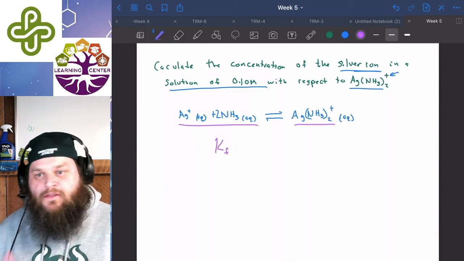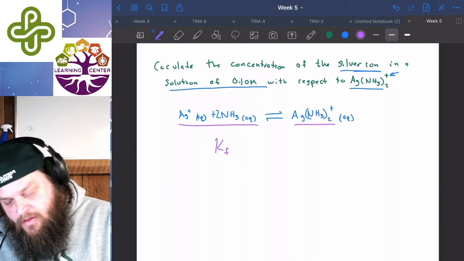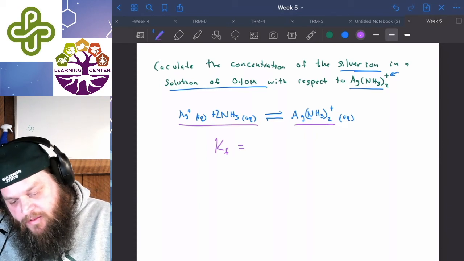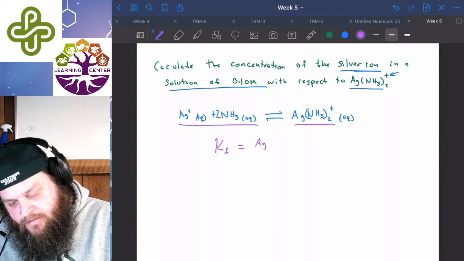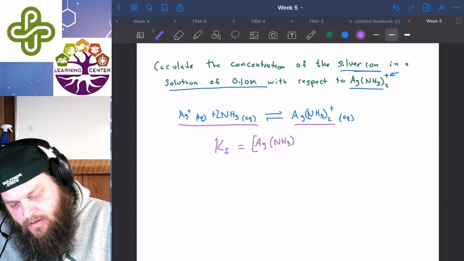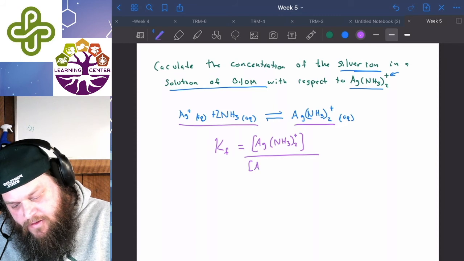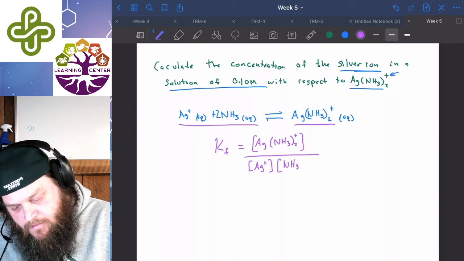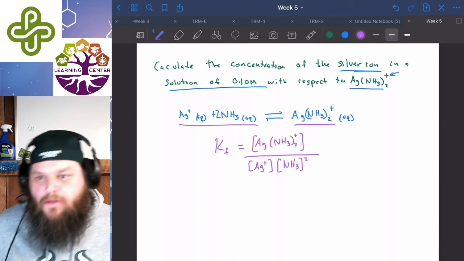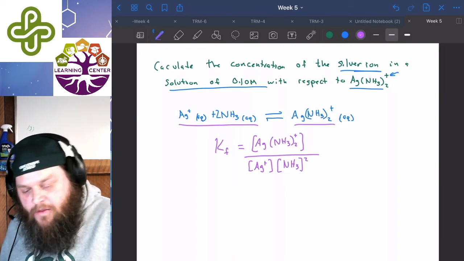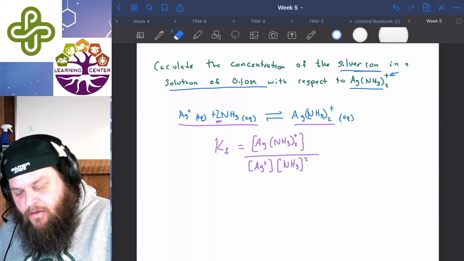The product is this complex formation, which is going to be equal to the products, Ag(NH3)2+, divided by the concentration of the reactants, squared. You gotta square it because we had a stoichiometric coefficient there of 2.